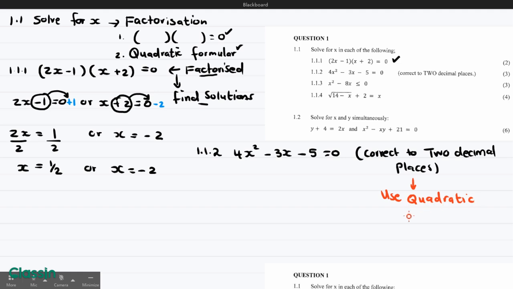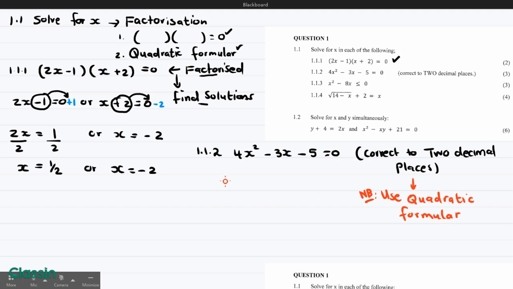You must use the quadratic formula. It's a must. Very important. Every time they say correct to two decimal places, you must use the quadratic formula. It's a must.